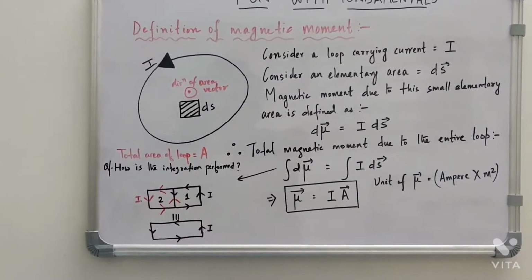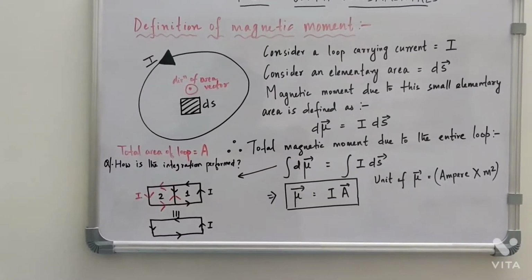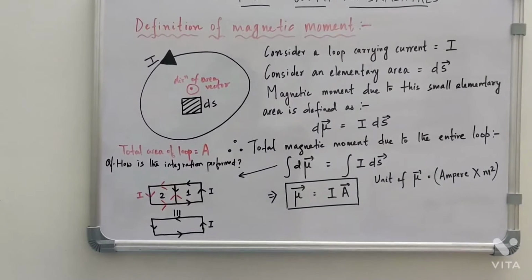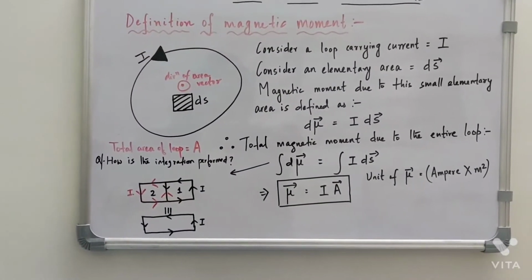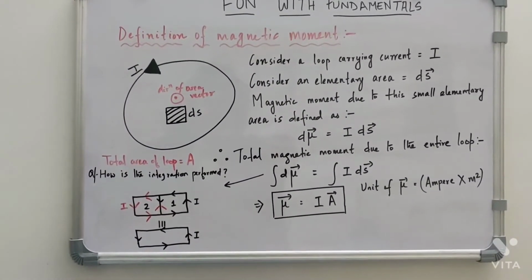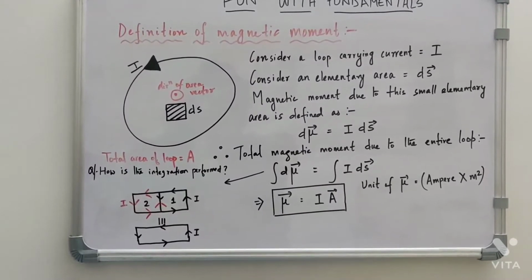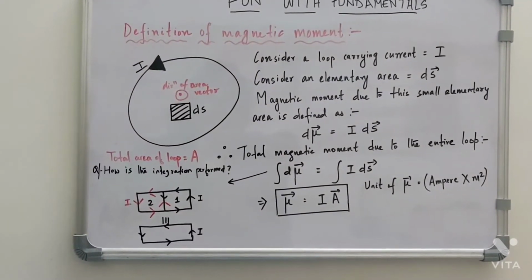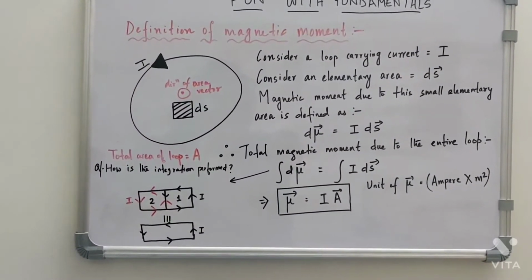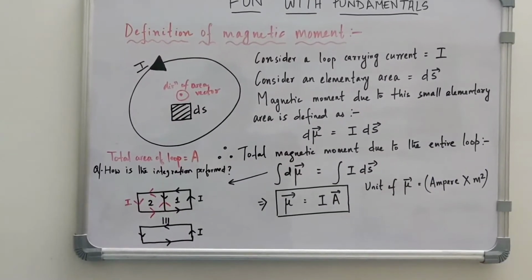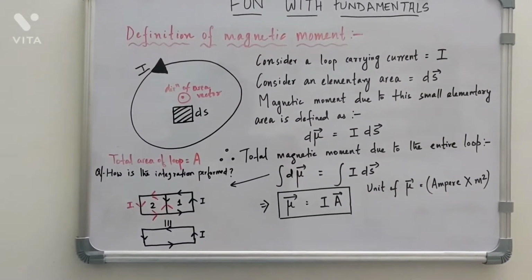Now going into a little detail of how this integration is done, consider two small loops sitting adjacent to each other. The current in loop 1 flows as shown in the figure, while the current in loop 2 flows as given by the red arrows.